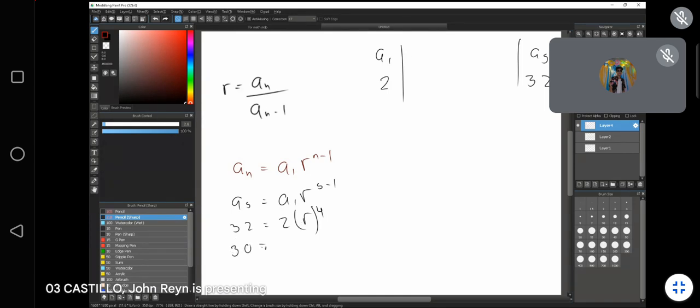Tama pa. Wait lang, solve ko lang. 4 magiging R4, square root 4. No. That is division. Not 32, sorry, minus 2.